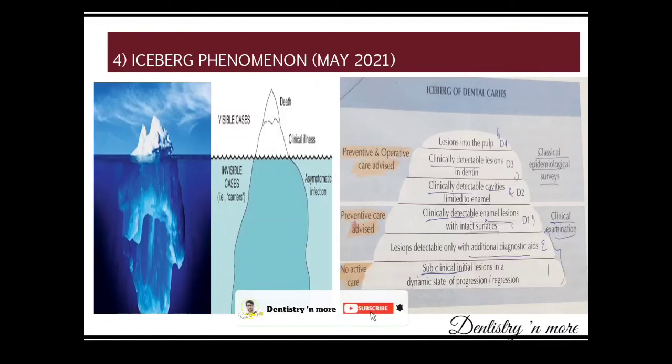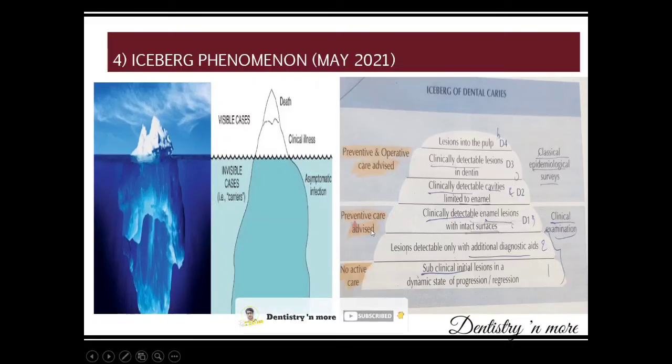The iceberg phenomenon was also once asked in the university. The iceberg phenomenon is nothing but the clinical cases which are visible above the water level, and the invisible cases, the asymptomatic or undiagnosed cases or carriers, which are below the water line.